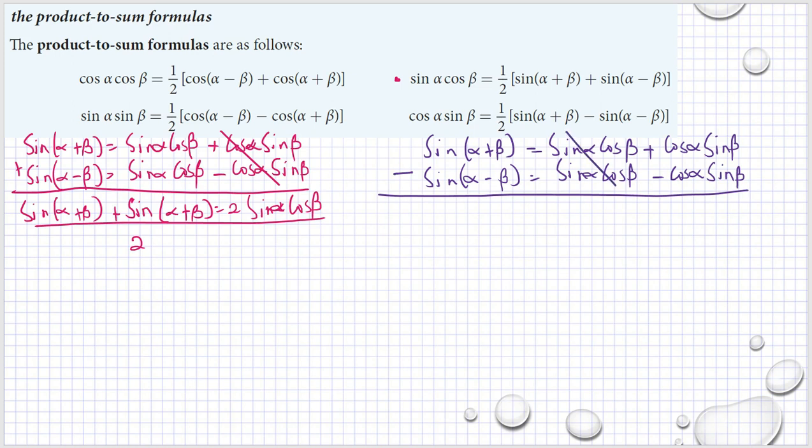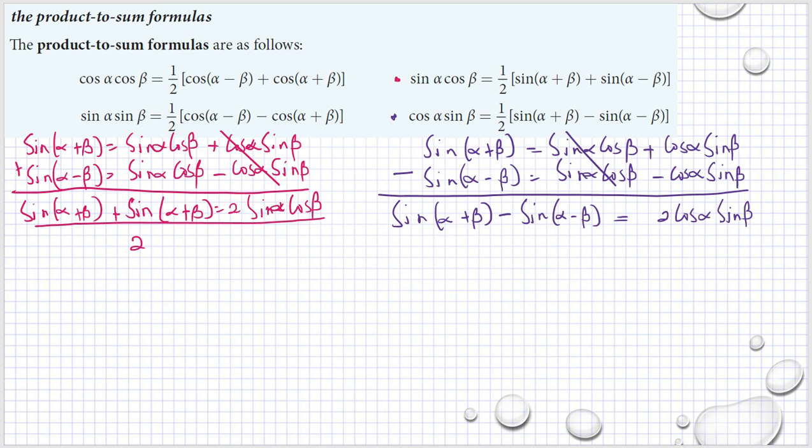Then we will get 2 cosine alpha sine beta. And we have sine alpha plus beta minus sine alpha minus beta. If we divide both sides of the equation by 2, then we will get this. Then they are equal.